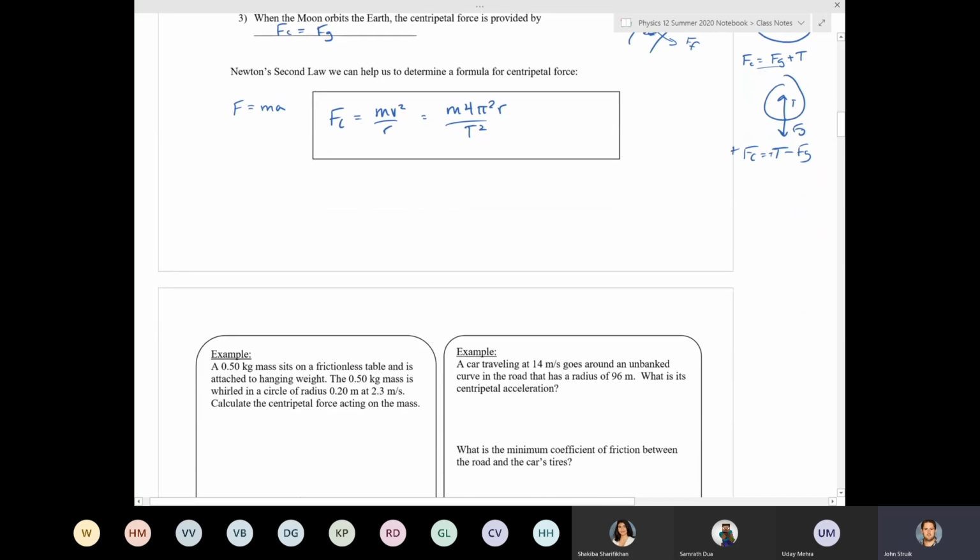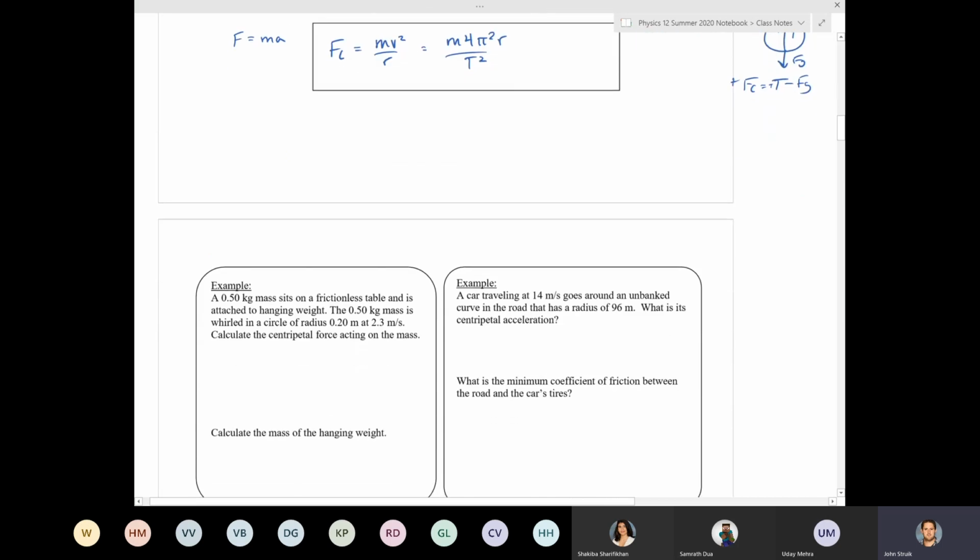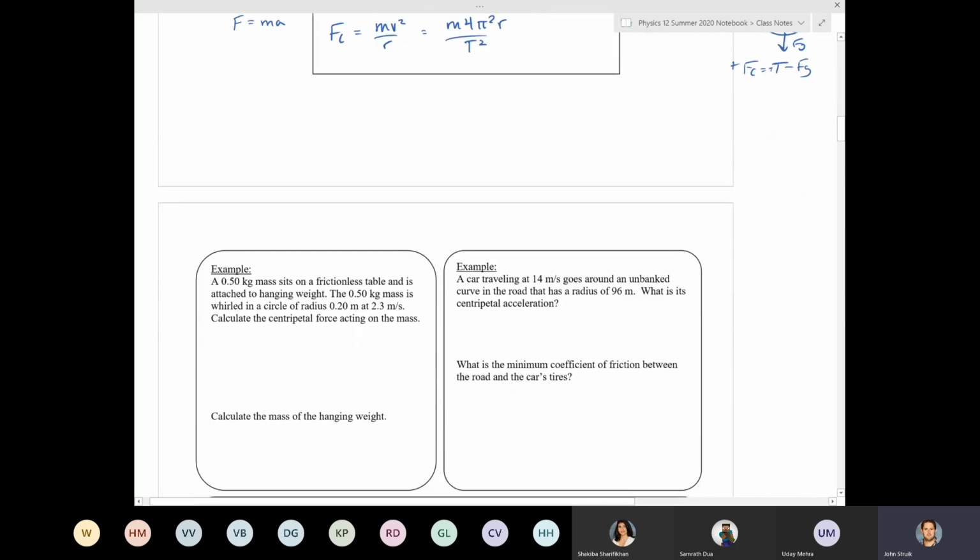Okay, so let's do some examples. This first one, I have to draw a picture of it because it doesn't really make sense. So imagine a table like this, but in the middle of the table there's a hole, and then you have a mass like this, and you're attaching it to a string with a mass hanging like that.